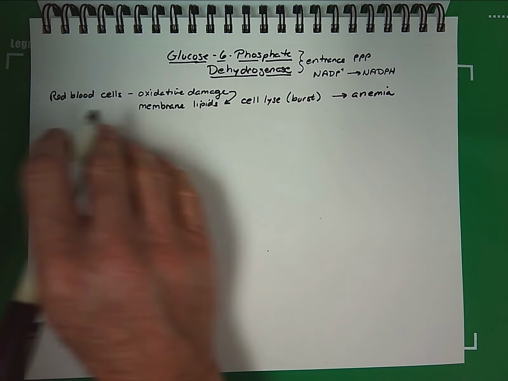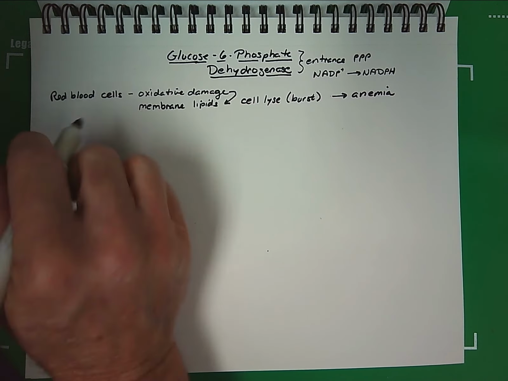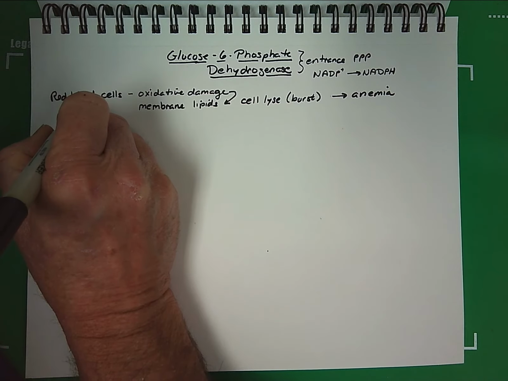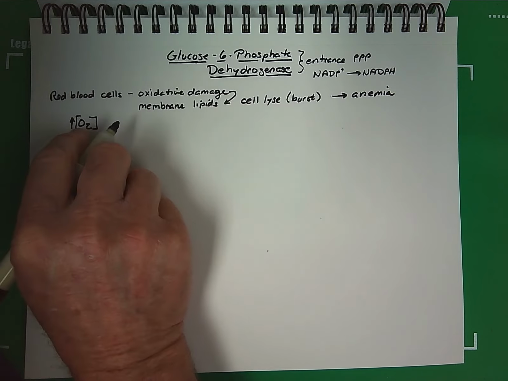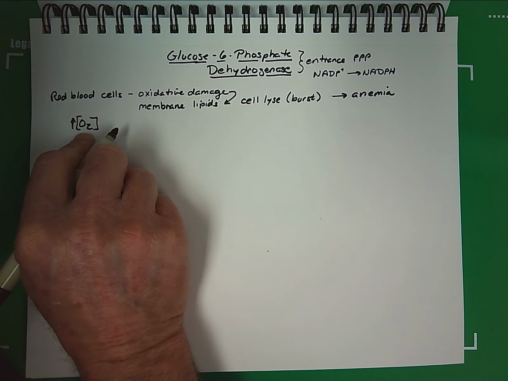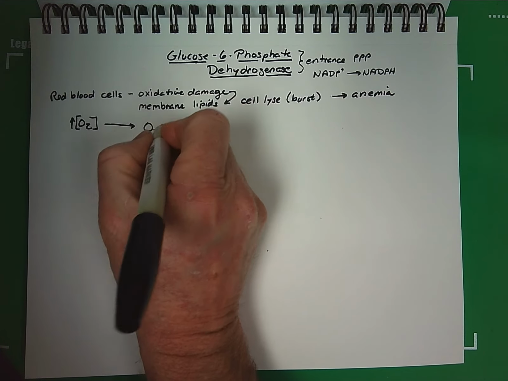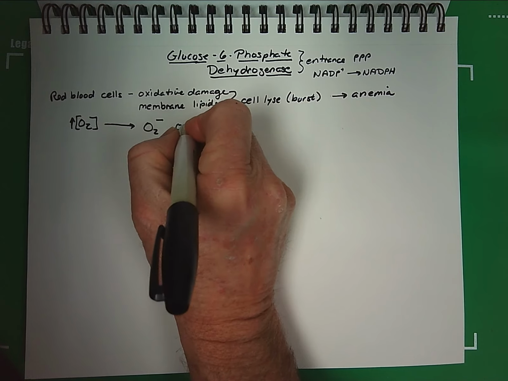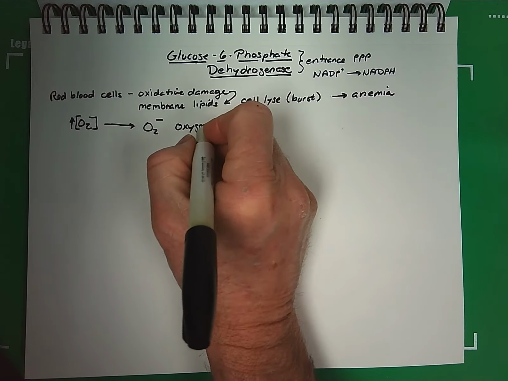Now, how does the red blood cell protect itself? Recall that the oxygen concentration in red blood cells is very high. Therefore, we have a lot of substrate to form oxygen free radicals. These free radicals are formed when electrons are being moved around.